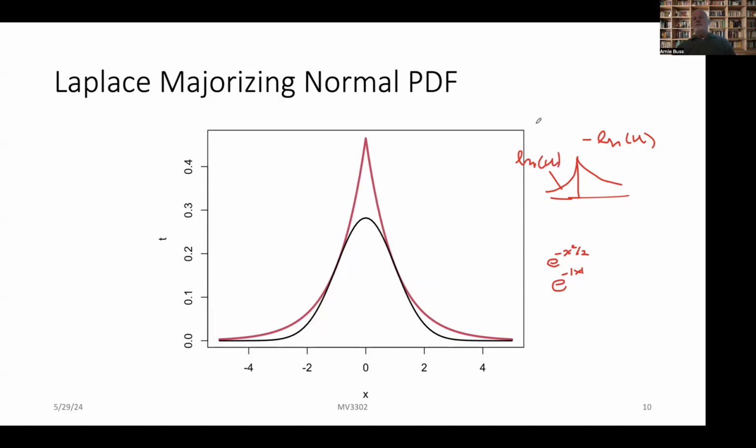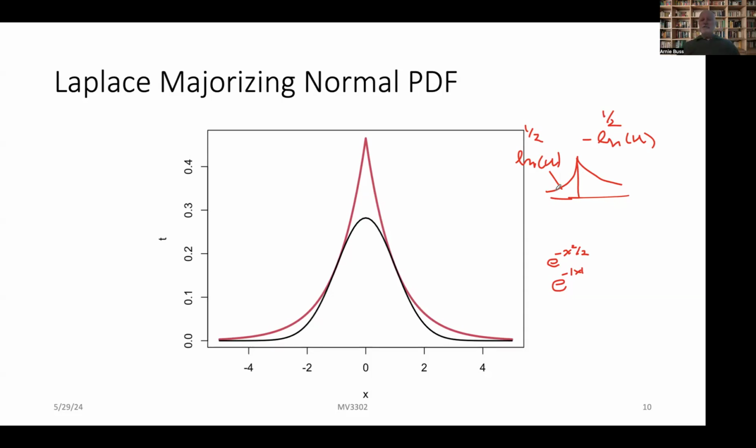We can generate from Laplace using a composition where with probability of half, we go this way, and with probability of half, we go the other way. So basically, we flip a coin. If it comes up heads, we choose the positive side. If it comes up tails, we choose the negative side.